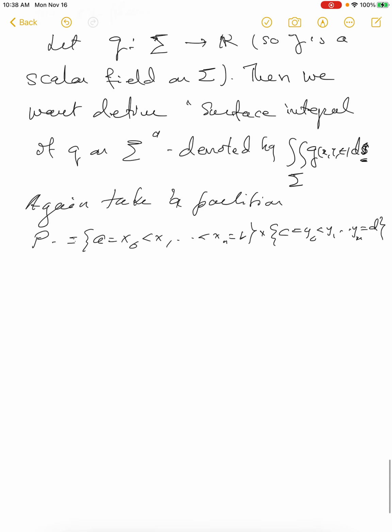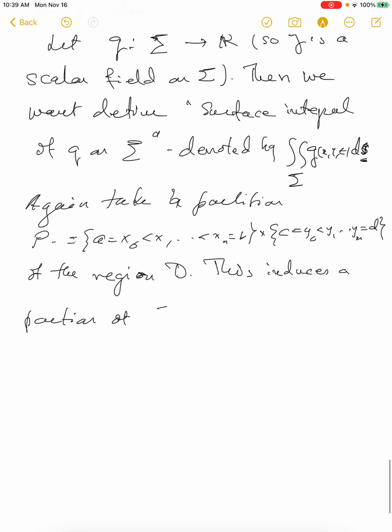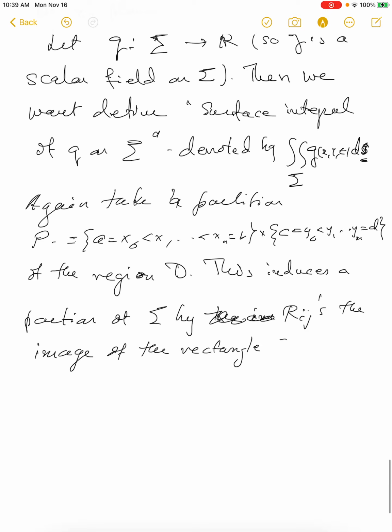So consider a partition of the region D. This induces a partition of the surface sigma by the images, which I will call R_ij, the image of the rectangle x_i to x_{i+1} cross y_j to y_{j+1} under the function f.